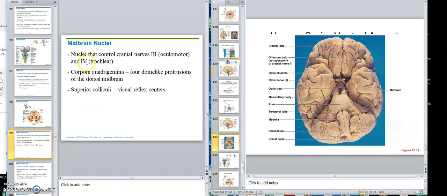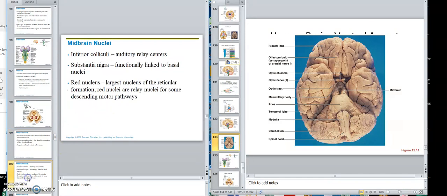Okay, midbrain nuclei that control certain cranial nerves. The corpora quadrigemina are those, that's the superior, the visual reflex, the superior colliculi I talked about. And then inferior for the auditory, following an auditory sound, like an ambulance moving, and you say, I think it's going that way, but you really can't see it. Substantia nigra, dopamine is produced there.